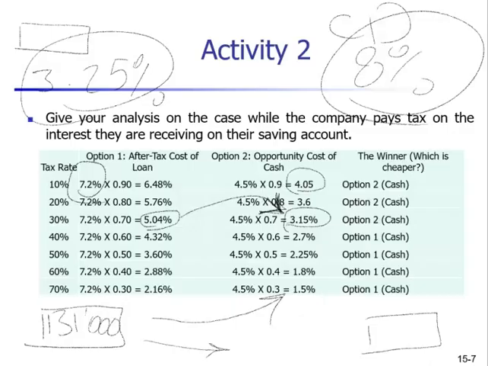So the interest they are receiving is not the top reason they are holding the cash. They have some plans for this $131,000.